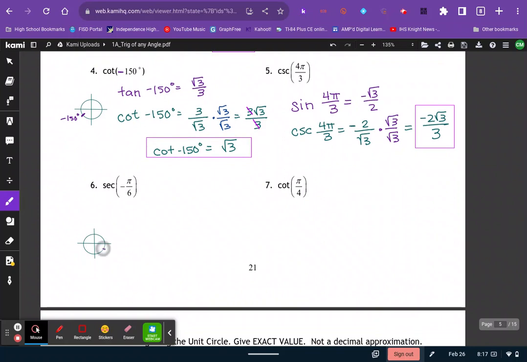Negative pi over 6 is down here. The reciprocal pair that goes with secant is cosine. So cosine of negative pi over 6.